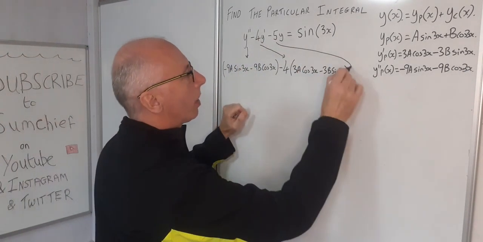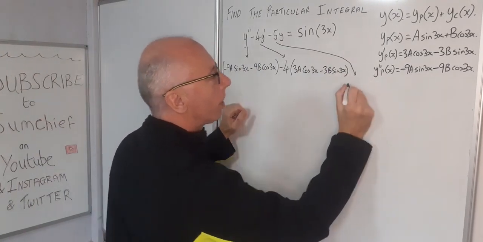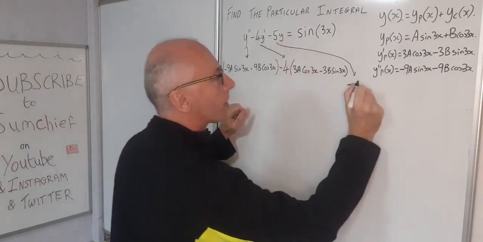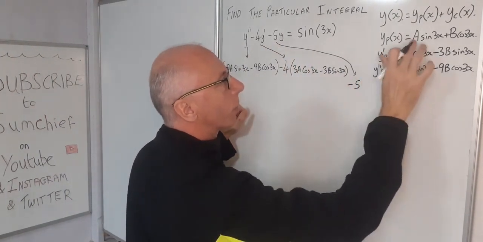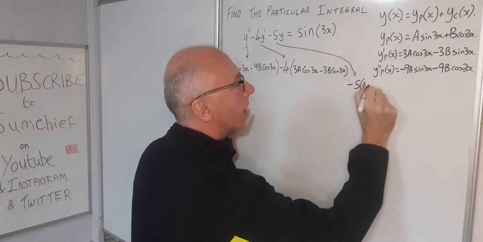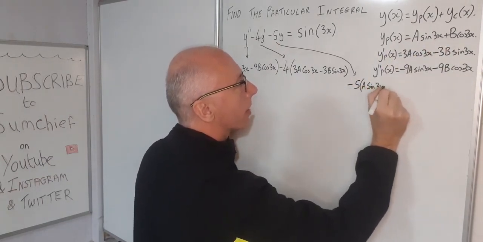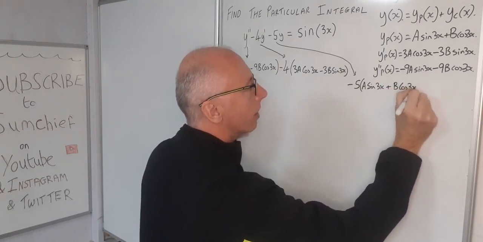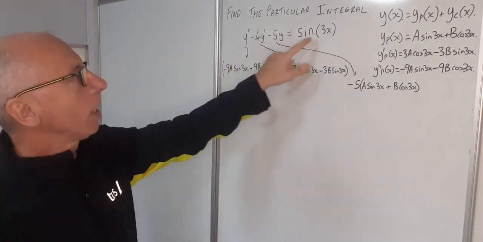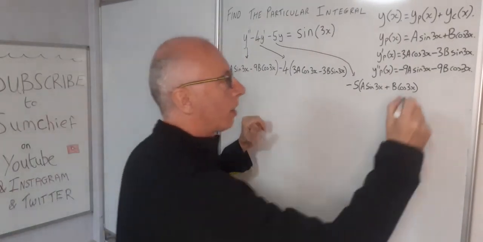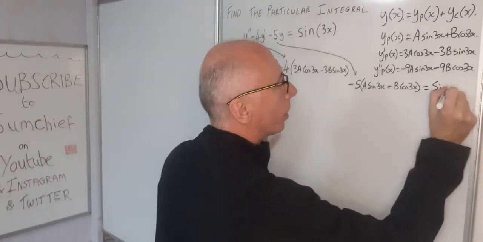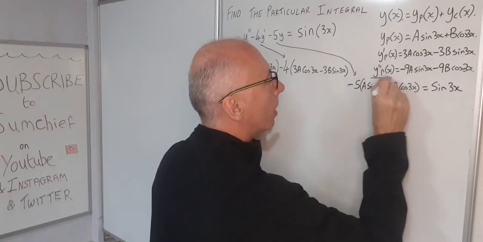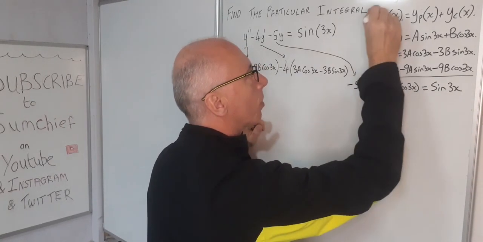Continuing on, we've got minus 5 times our trial function, which is a sine 3x plus b cosine 3x, and then that just equals sine 3x. That's pretty straightforward. I'll put these in a box so we don't get confused and mixed up.